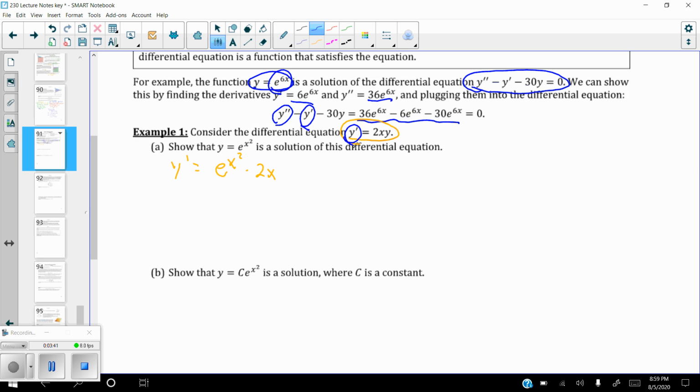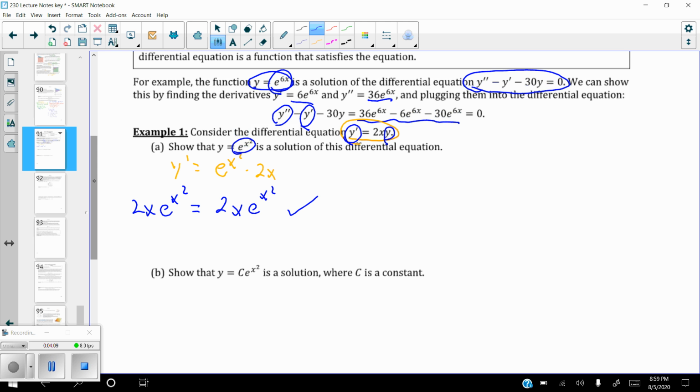So we're going to get e to the x squared times 2x. I'll put the 2x out in the front. Equals. And then I've got 2x, and then I'm going to replace this y with this y, which is e to the x squared. And there you go. As you can clearly see, 2x e to the x squared equals 2x e to the x squared. That is verified.